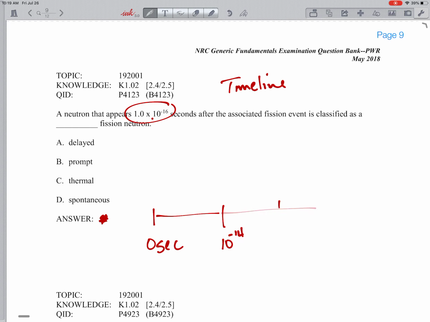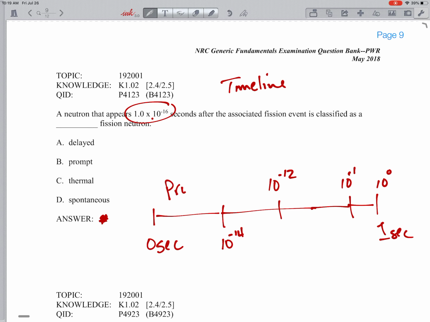What they're counting on is for you to go 10 to the minus 16. What you won't do, because you're not dumb like me, I think I did that in the past, but we're going to remember my timeline trick and go 10 to the minus 12. And we're going to eventually get down here to 10 to the minus 1 and 10 to the 0 second, or 1 second.